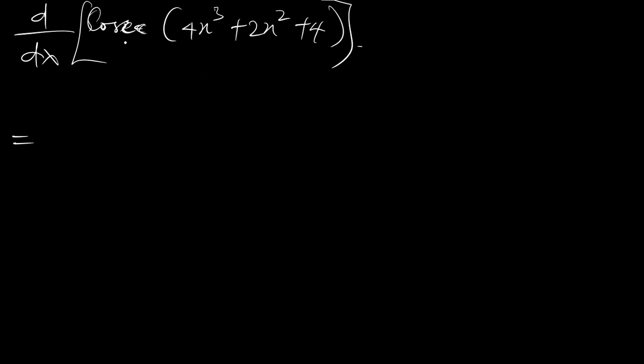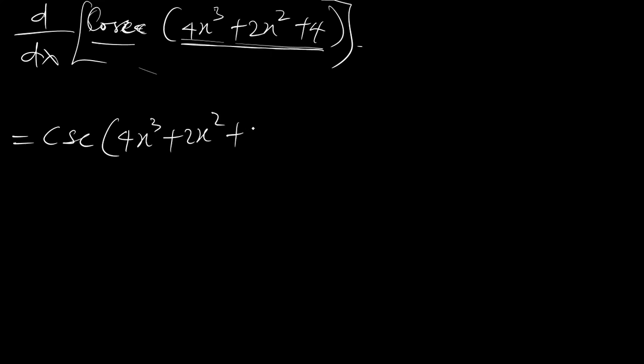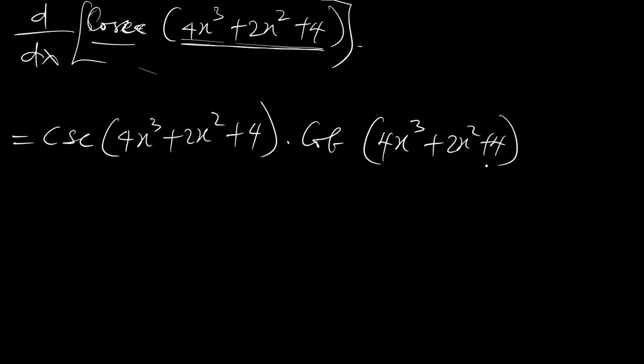The derivative of cosec of the whole function with respect to the function inside this bracket will now be cosec of this function, cot of that same function, times the derivative of this one with respect to x.